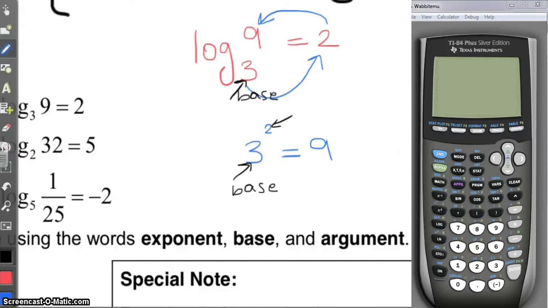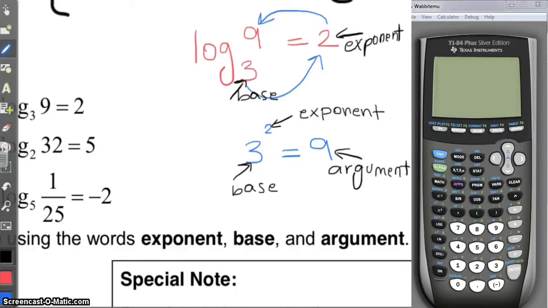The exponent over here will still be called the exponent, so you can tell how they are similar. The argument is still called the argument over here, so inside the log you will always have the argument. So again, 3 to the power 2 would give you 9.